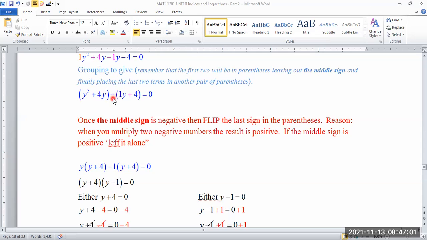But if the middle sign is positive, you're not flipping anything. That's what I mean by leave it alone. Let me say it one more time. If the middle sign separating the two brackets is negative, the last sign in the parentheses is flipped. If it is positive, you're not flipping anything. You're only going to flip if it is negative. Got me?